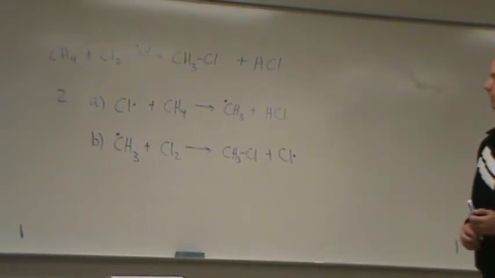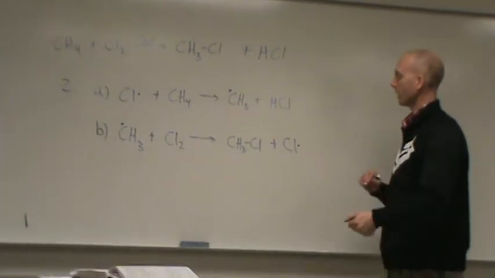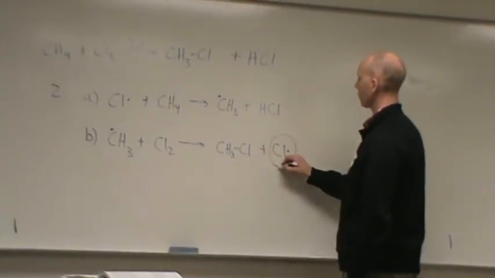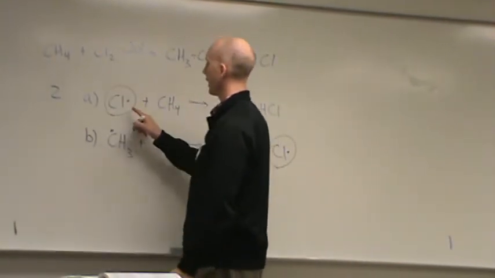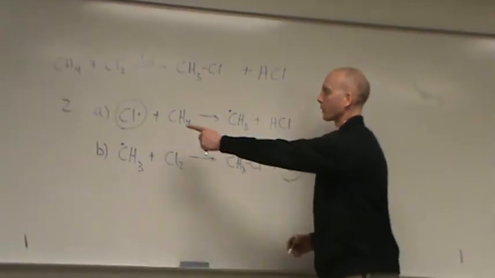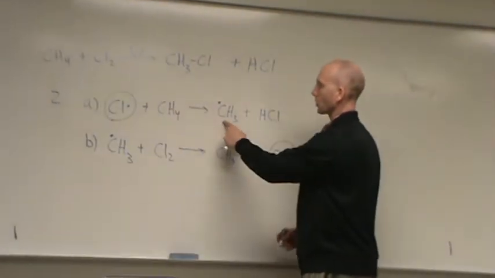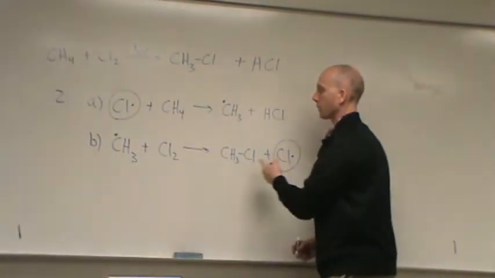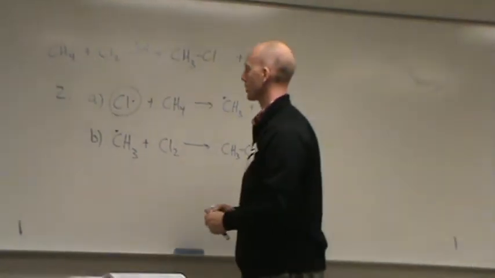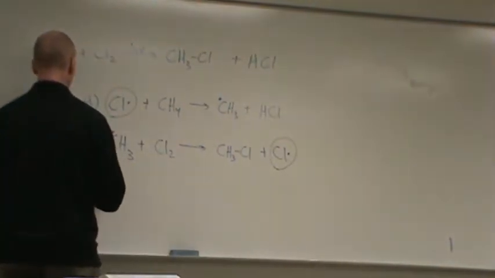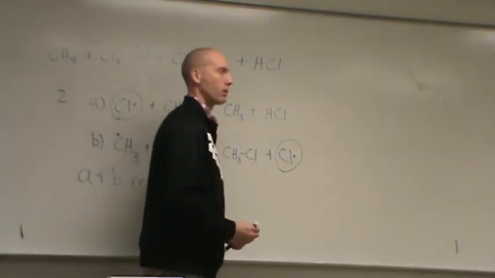Okay. Now, one thing we need to mention at this point is that this chlorine radical forms, and if you look at the beginning of A, it can take it and do another reaction with CH4. And then another one of these can form and come and do another reaction for B. So at this point, we can say that A and B repeat.